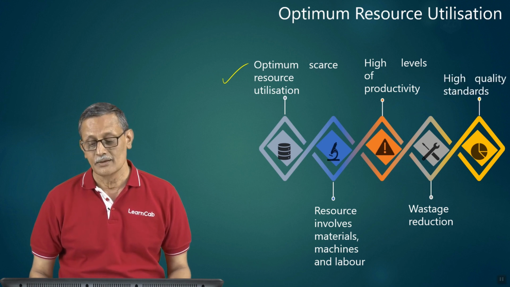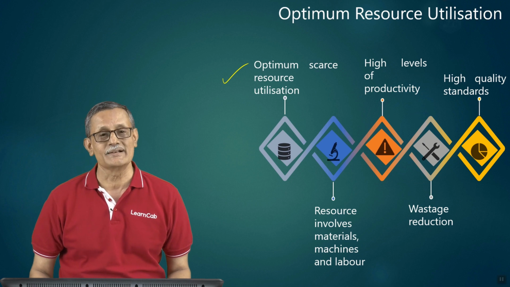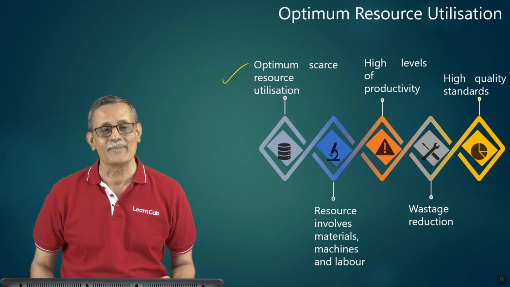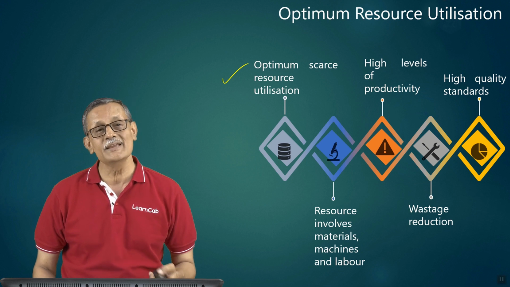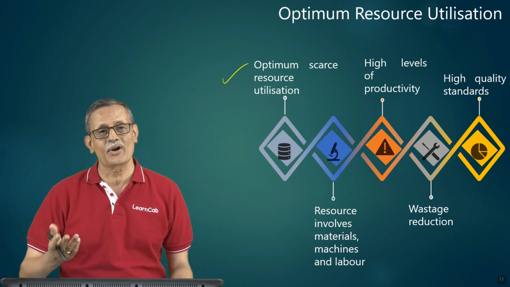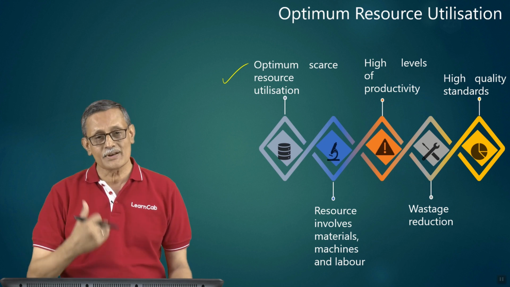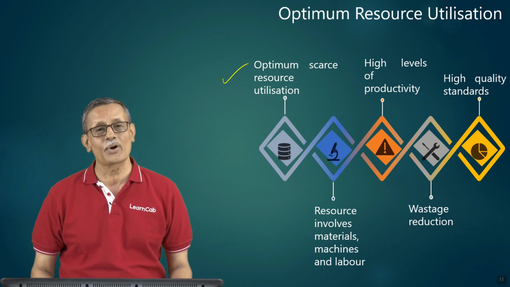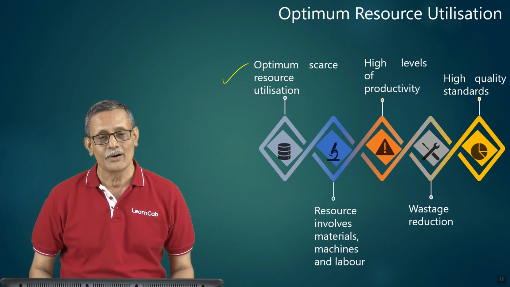Lastly, you can see high quality standards. Quality is also a very important parameter in any operations management, because ultimately quality can lead to reduction of returns. When you sell a product, a customer may return it to the factory, telling that this was not the intended product that was required, or that the quality is not good.